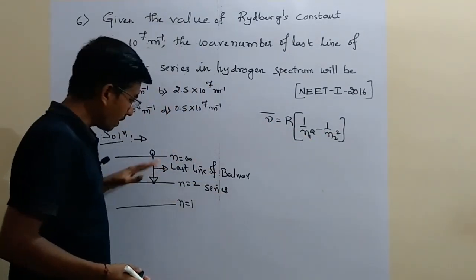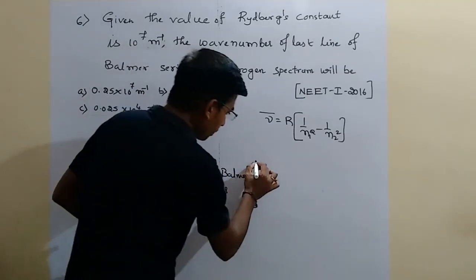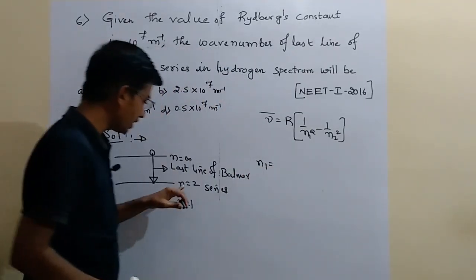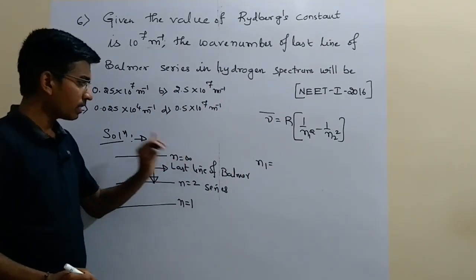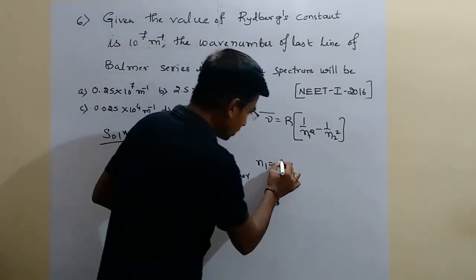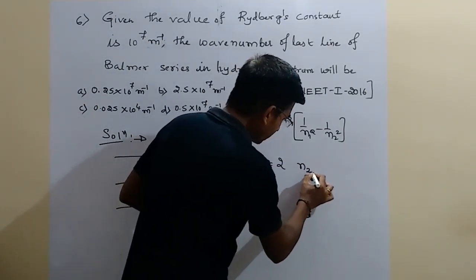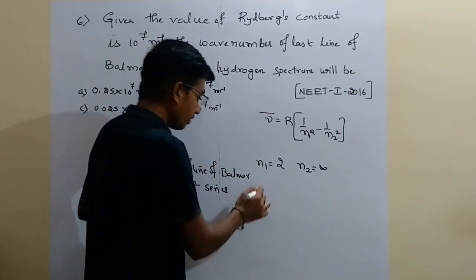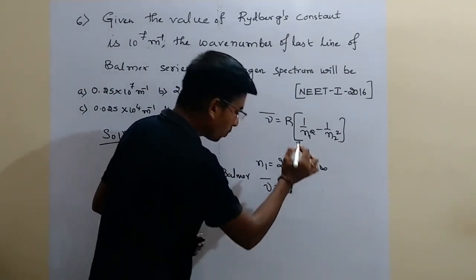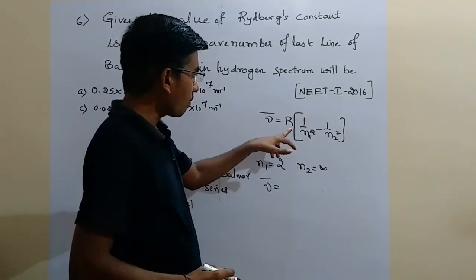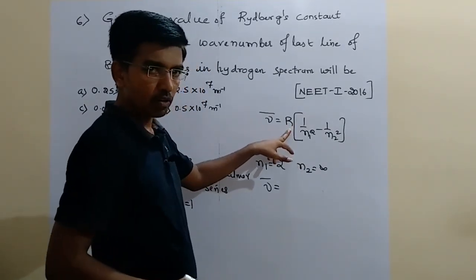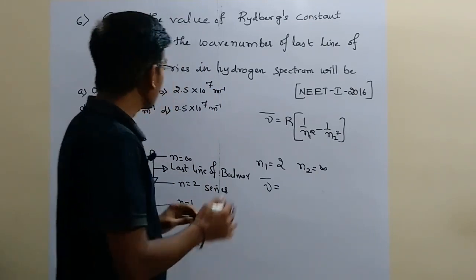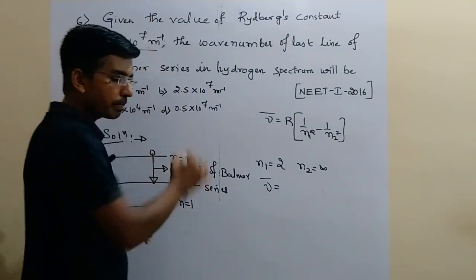So from this energy level diagram, n1 is how much? n1 is 2 and n2 is infinity. Okay, so next this equation becomes nu bar is equal to, the value of R is given in the problem, so that is 10 raised to 7 per meter.